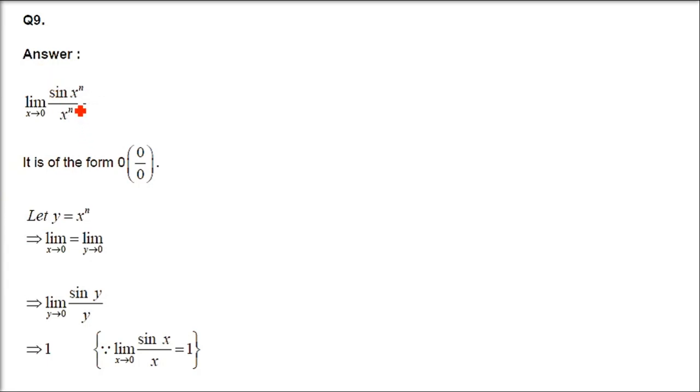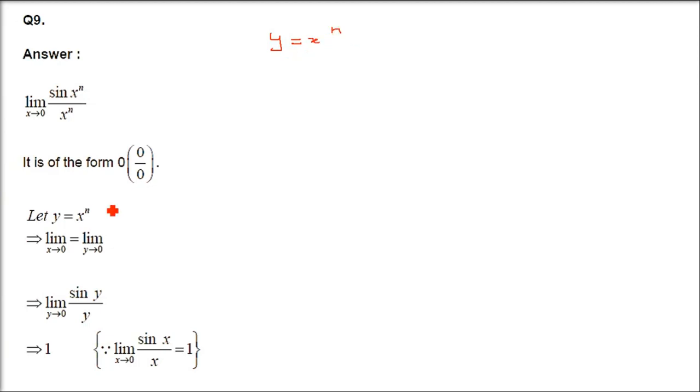Question number 9 it is, limit x tends to 0, sin x to the power n by x to the power n. Now if you apply x tends to 0 here, sin 0 to the power n, it's going to be sin 0, and the denominator also 0 to the power n, that is 0. So sin 0 by 0, it is of the form 0 by 0. So here we have to do that thing which makes us solve this.